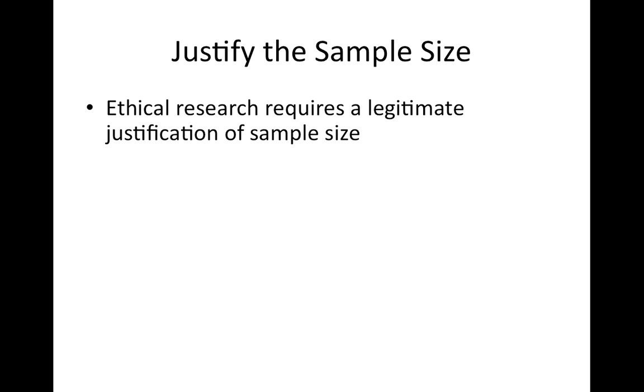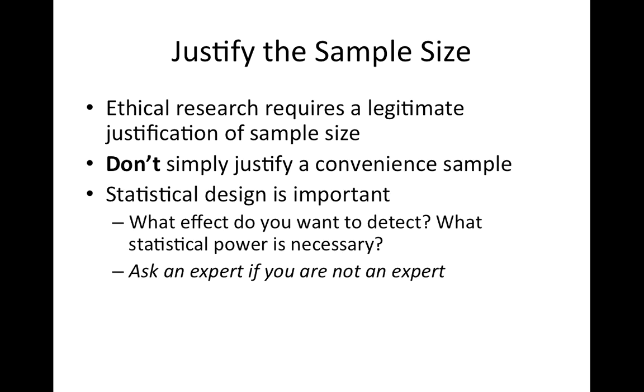And what I mean by that is it's only ethical to involve participants or animals or research subjects in a study if the study can actually achieve an objective. So is the study large enough to detect an effect if we think it's possible? And is it large enough to exclude an effect, with enough certainty, where that's appropriate?